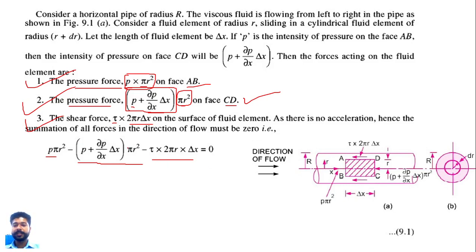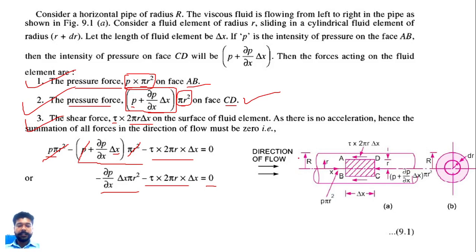After opening the bracket and multiplying, the term P into pi r square cancels out. The remaining terms are negative del P upon del x delta x into pi r square, minus tau into 2 pi r into delta x, equals 0.